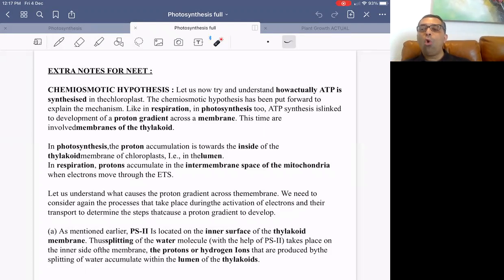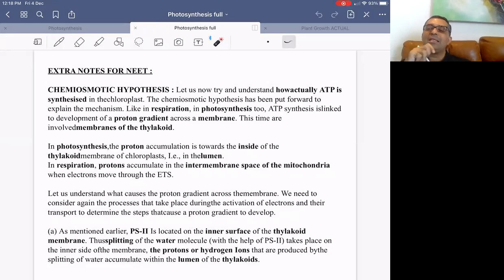Similarly, in chloroplast, we talked about it, cyclic and non-cyclic photophosphorylation produce ATPs. In cyclic photophosphorylation, two ATPs are made. In non-cyclic photophosphorylation, one ATP is made.